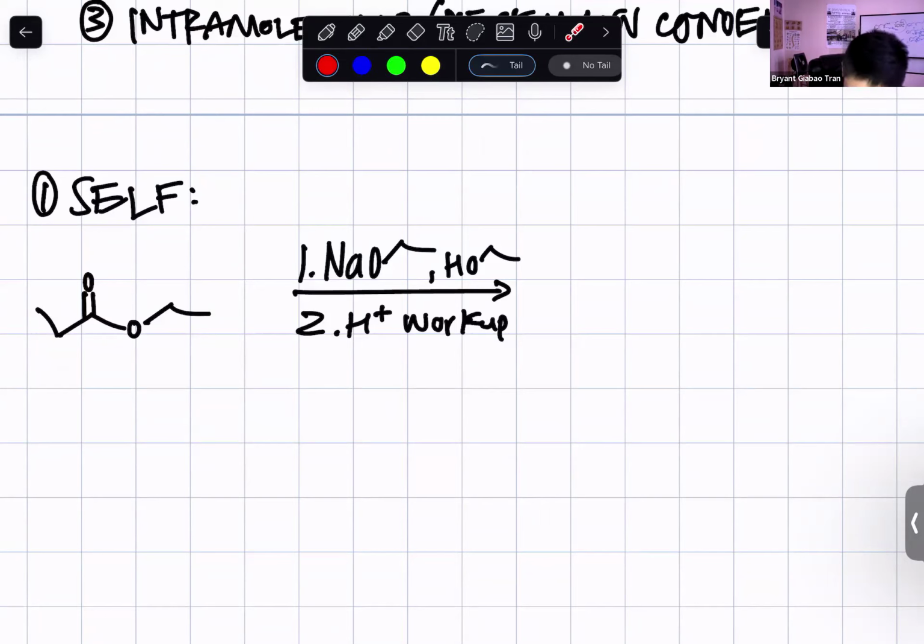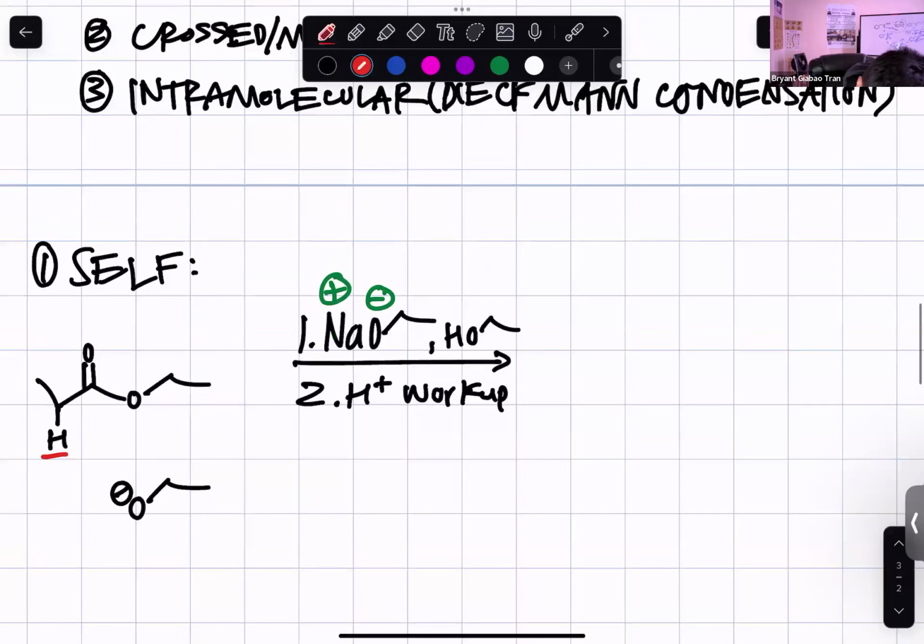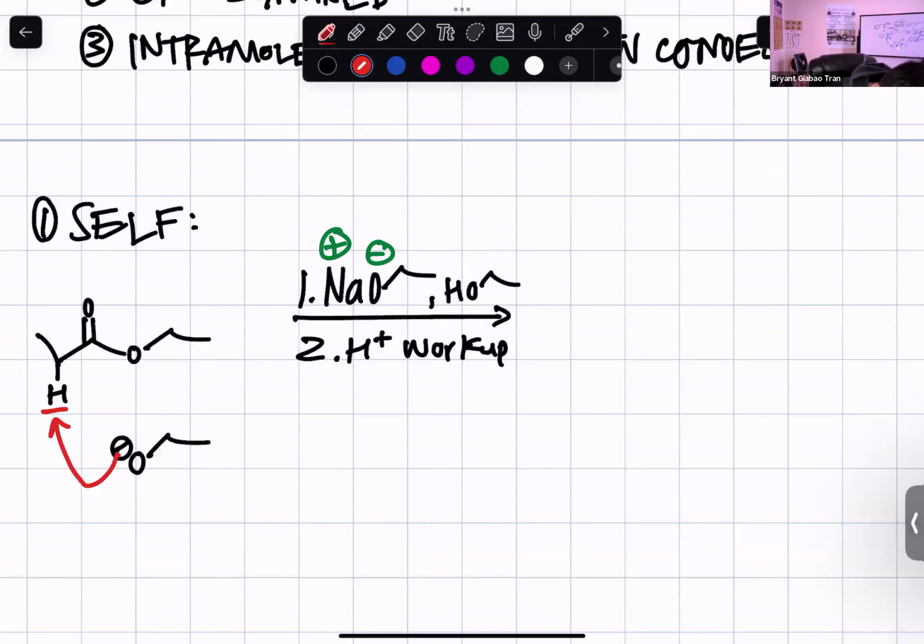So when you have Na, always associate that with a positive charge, which means that whatever is attached to it is always a negative charge, like that. So our negative charge here is this OR minus, which is a strong base, right? Negative charge on oxygen, strong base. And this is a small base as well, where that strong base is going to look for the most acidic hydrogen. The most acidic hydrogen here is that alpha hydrogen, alpha to the carbonyl, because that can generate an enolate ion, right?